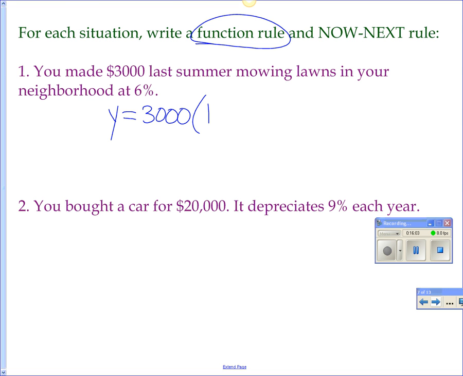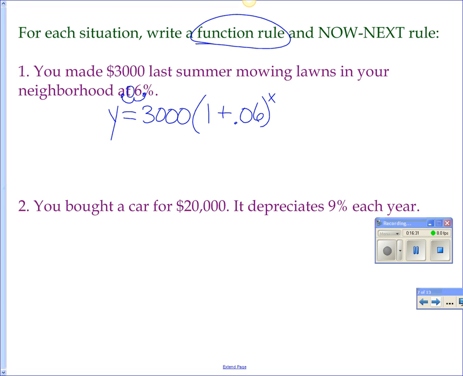I didn't word that one very well. It should say you made $3,000 last summer and you put it in the bank at 6%. So I need to go back and fix that one. But your money is doing what? Increasing, so you put a plus. And then you move your decimal 2 places, and you put a 0 in the empty spot. So 0.06 to the x.